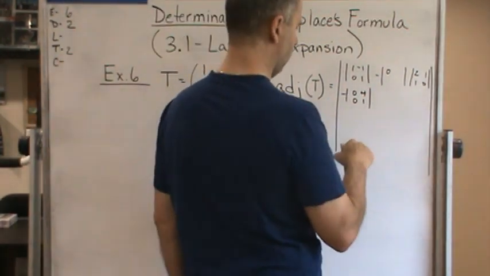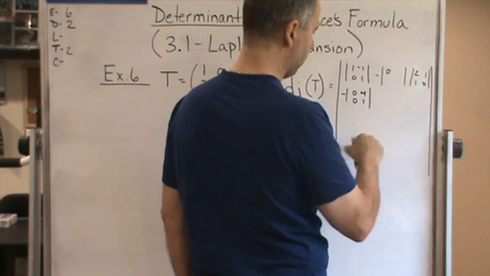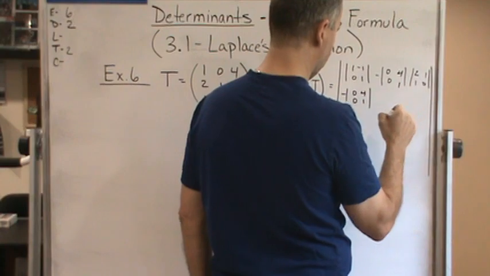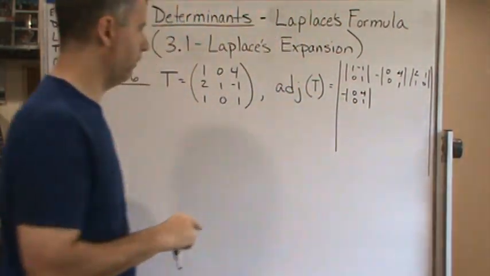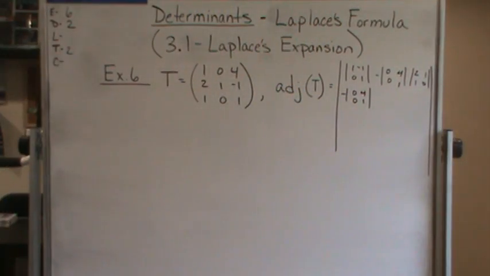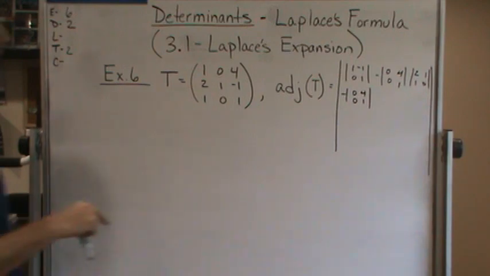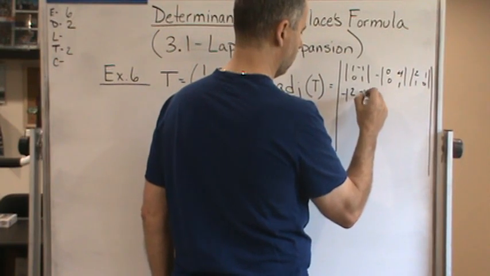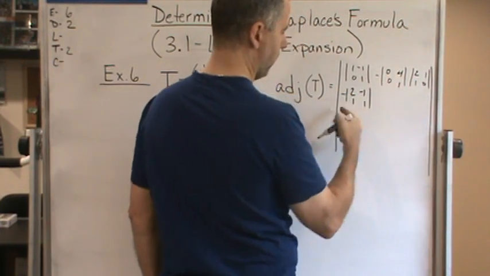So we're going to go down the columns. So this is 0, 4, 1. And the other one, we're going to switch those. So they're switched along the diagonal. So I switched these.